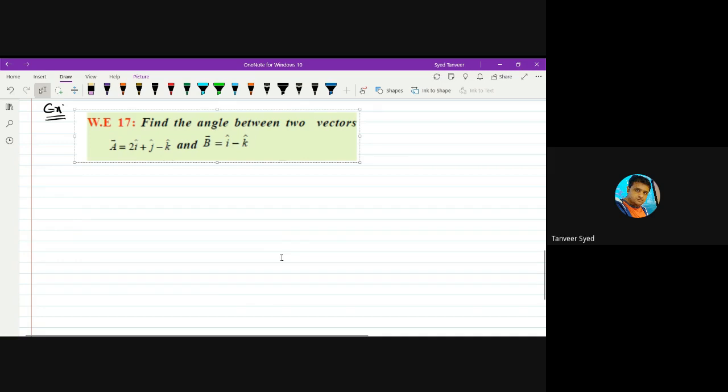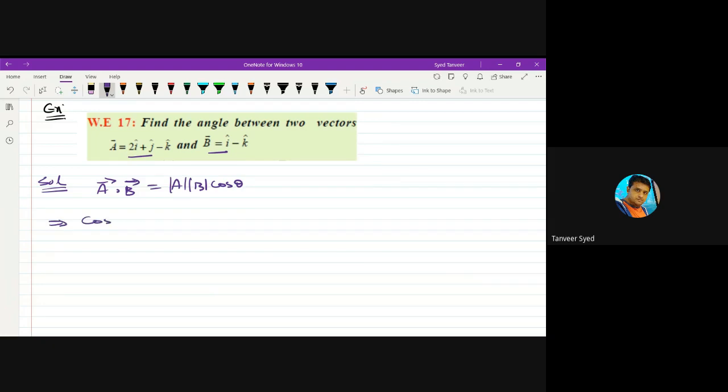How to do this? See, simple. Vector A is this, vector B is this. We know A dot B is equal to AB cos theta. We want angle between A and B. Angle is theta. So cos theta is equal to A dot B by AB.